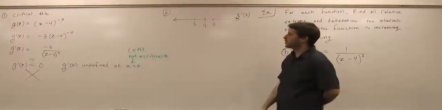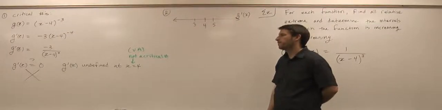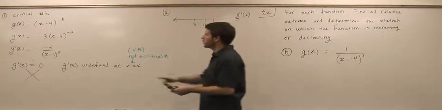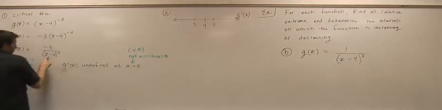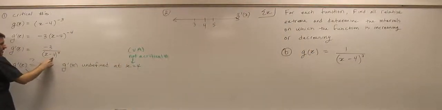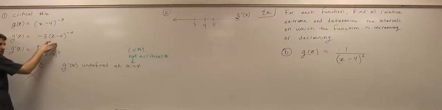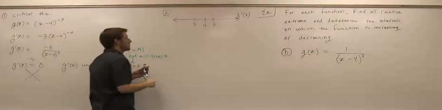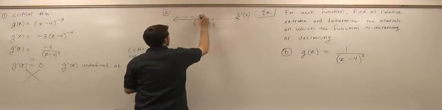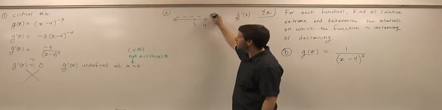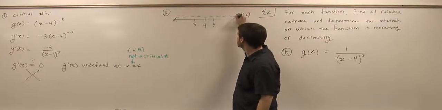So what happens when I plug in 3? You get a negative number, right? If you plug 3 in here, 3 minus 4 is negative 1, but you're taking it to the 4th power. The bottom's always positive. The top's always negative. So when I plug in 5, I'm going to get the same thing.